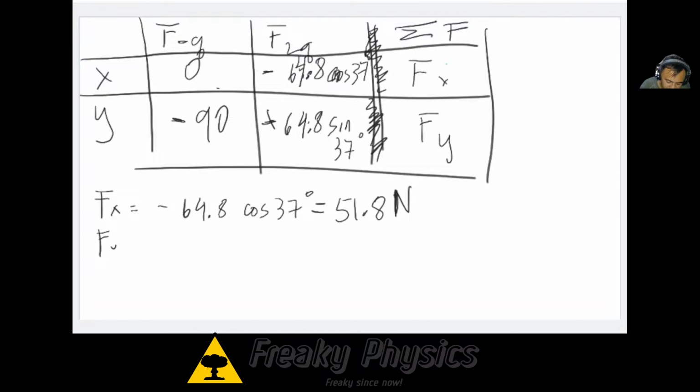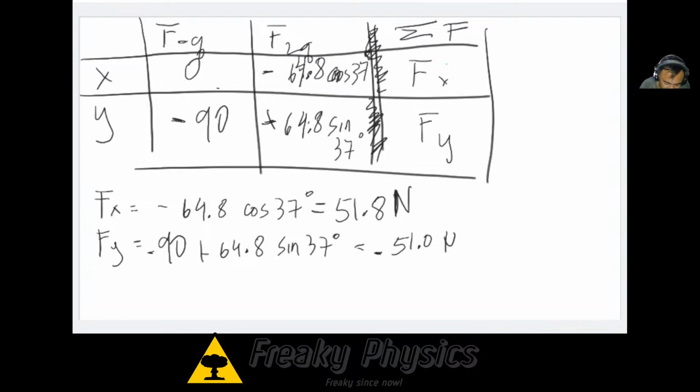Now Fy will be equal to negative 90 plus 64.8 sine 37 degrees. Put that in the calculator again: 64.8 times the sine of 37, then minus 90. This gives us negative 51.0 newtons.